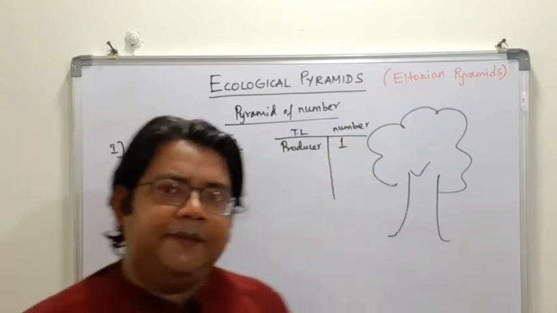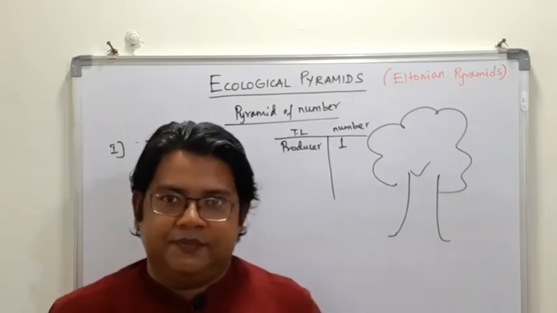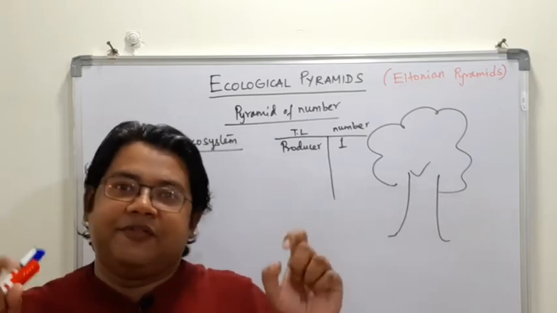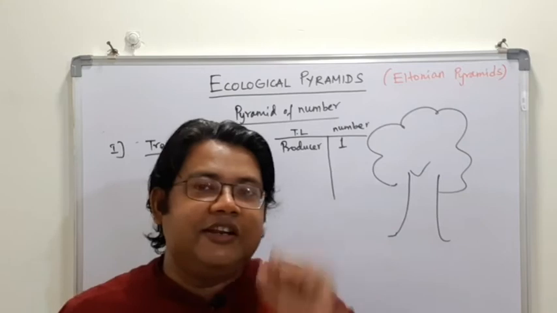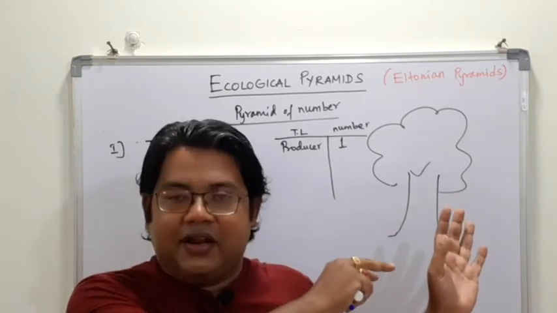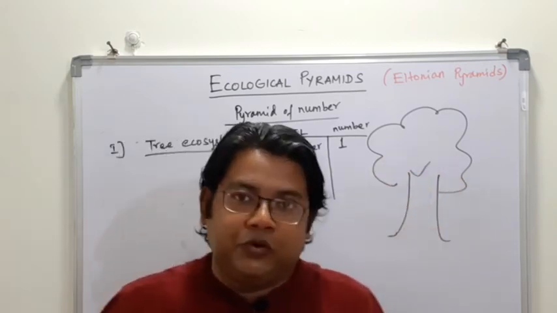Now let us say in a tree there are some herbivore birds which feed on the leaves. They feed on the fruits or the leaves. They depend primarily on the green plant, or primarily on the tree for their food.